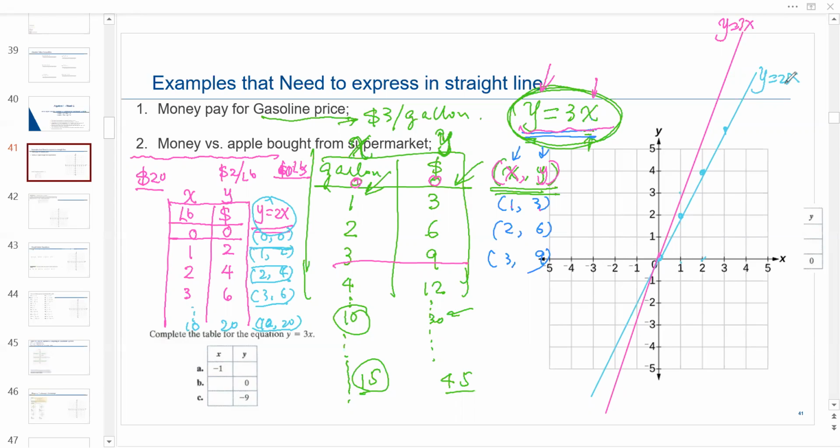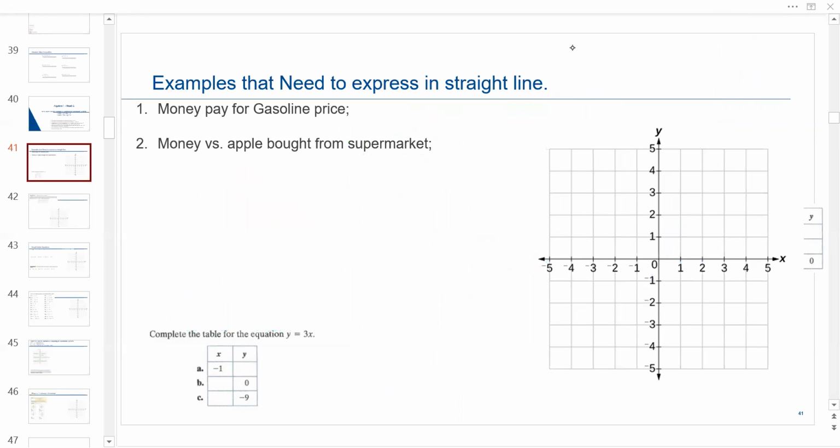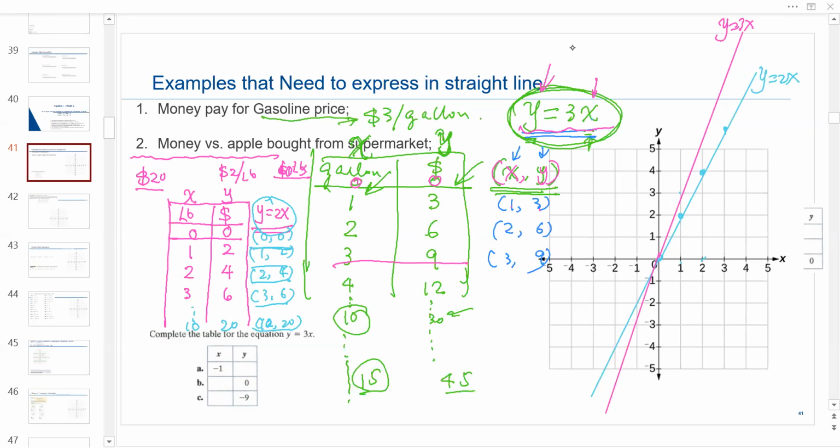All right, let me give some more examples. If X and Y have this kind of relationship, they can be graphed as a linear line. You can find any two dots, and if it's a linear relationship, you can make a line and extend it.